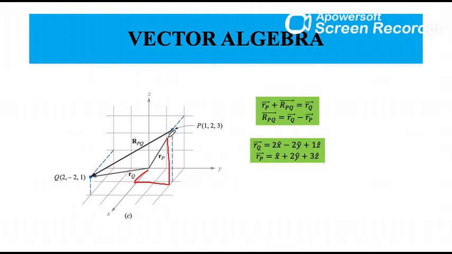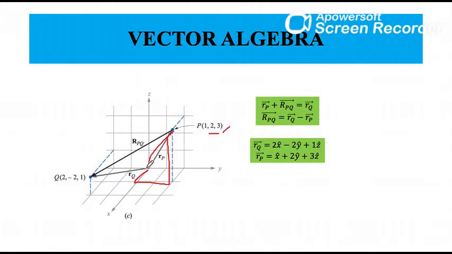So I get to the point P, which is 1 unit along the x-axis, 2 units along the y-axis, 3 units along the z-axis. So this point is described equivalently by a vector rp. Okay, so please note that this point in space, which has its coordinates 1, 2, 3, can be equivalently defined by a vector rp.